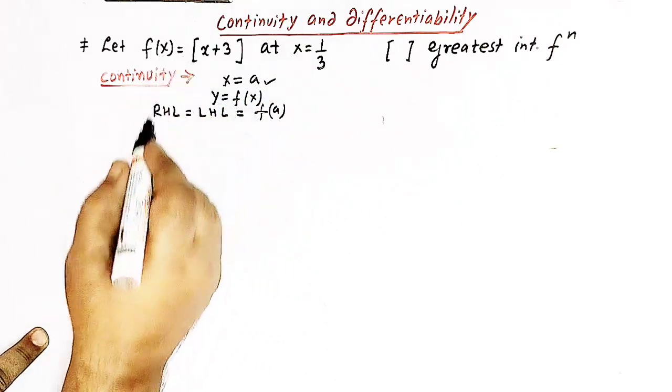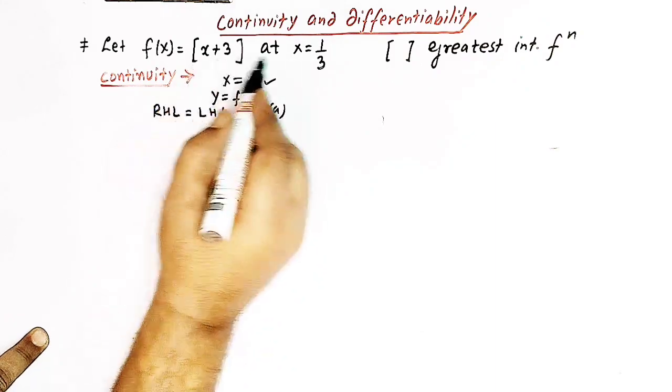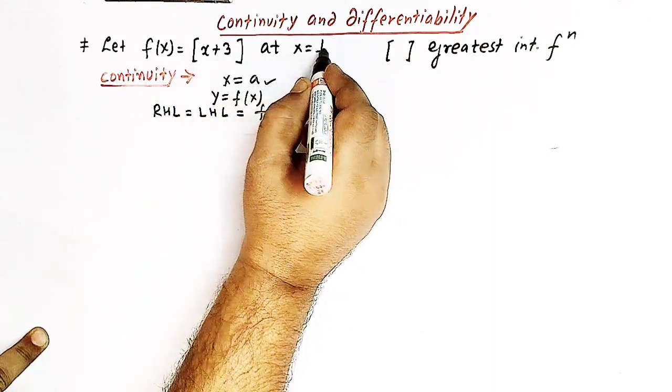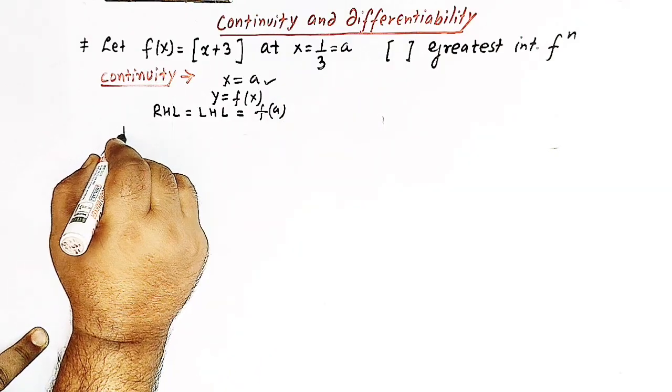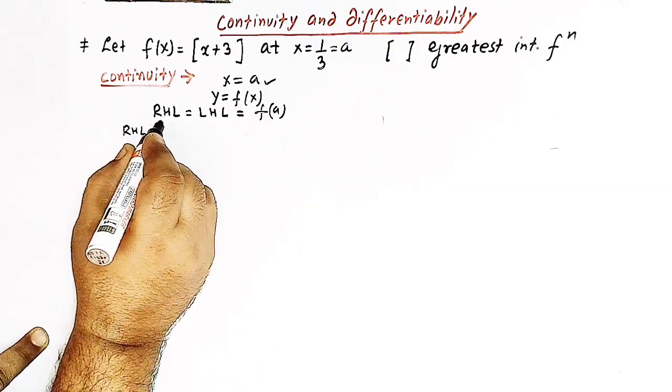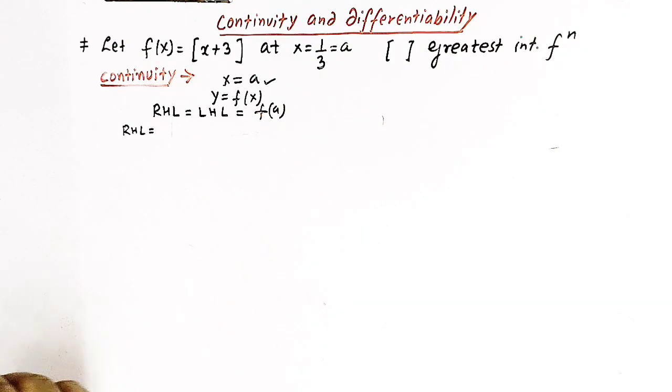So in our case we are given this function and the point x is equal to 1 over 3 is a, right? So let us first find the right hand limit, and then we'll find out the left hand limit, and then we'll find out the value of the function at a is equal to 1 over 3.